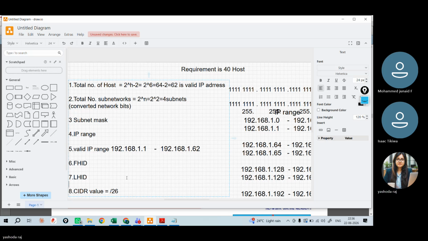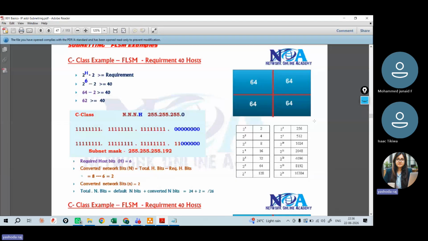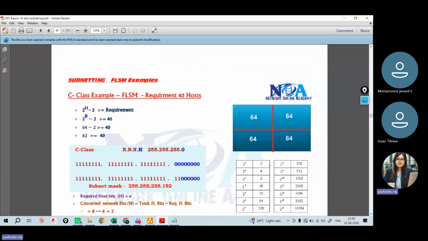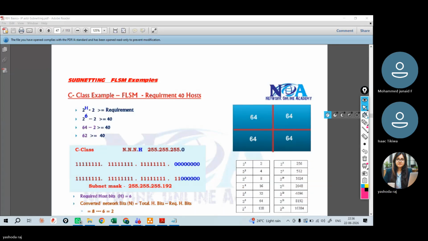Okay. Now another question I'm going to give it for you. You can work for that. See, this is what we had solved. 2 power h, we took 2 power 6, 64 minus 2, 62 is the valid. So here this is the default subnet mask, and here we have converted network bits which are 2.